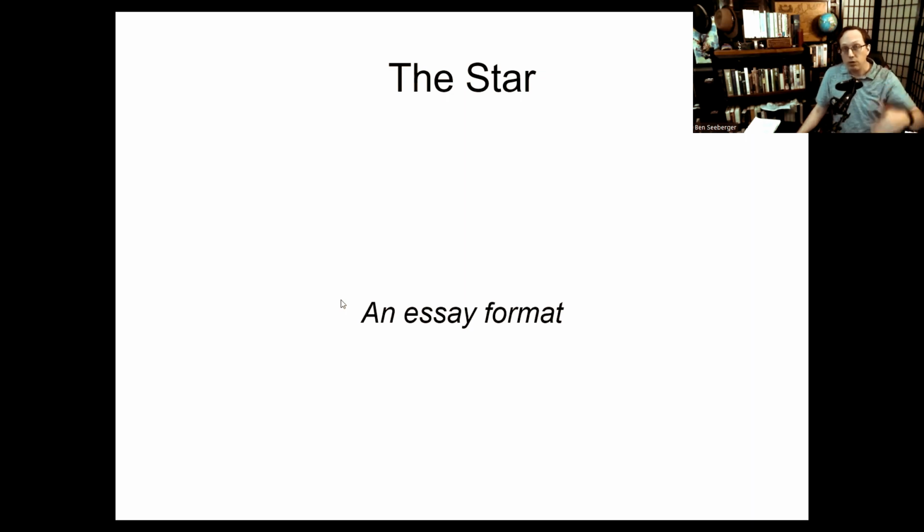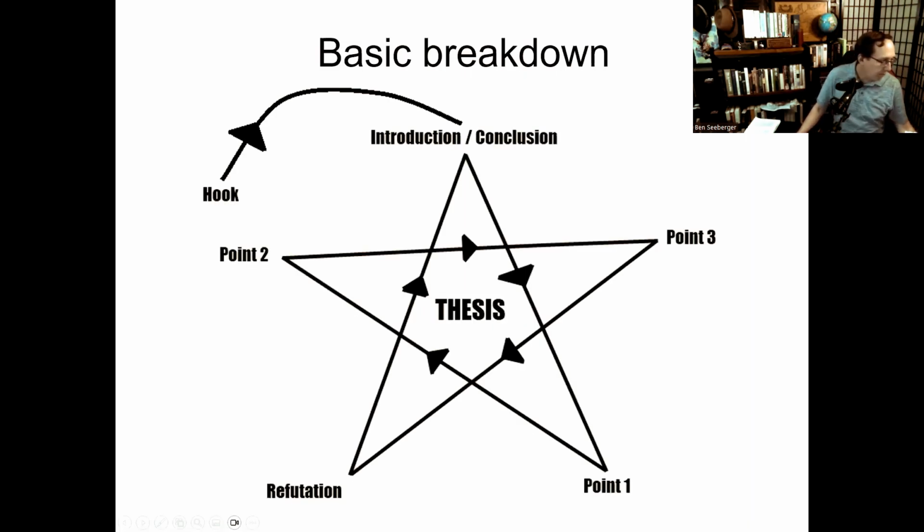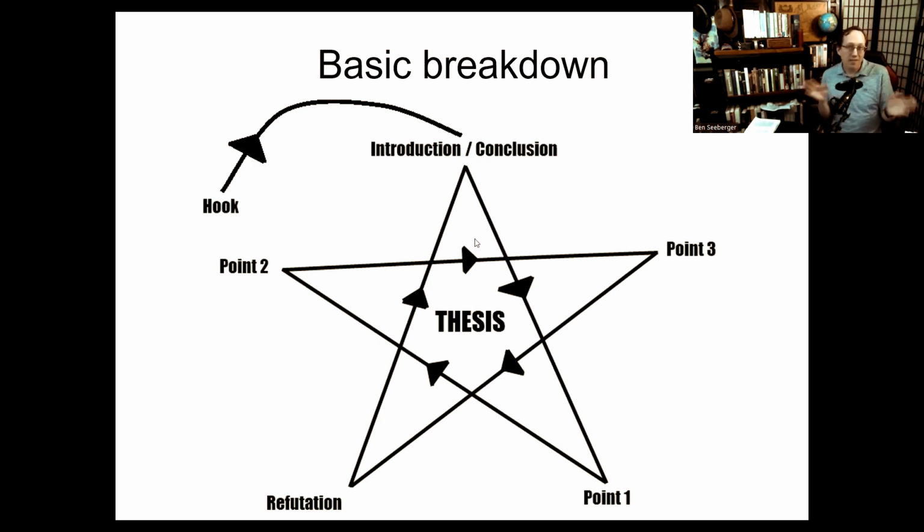Let's look at an overview of this structure. As you can see, the format has 5, maybe 6 points, just like a star. Most successful writing starts with what we call a hook. The writing then moves into an introduction, and then after the introduction, the main points are given in a particular order.